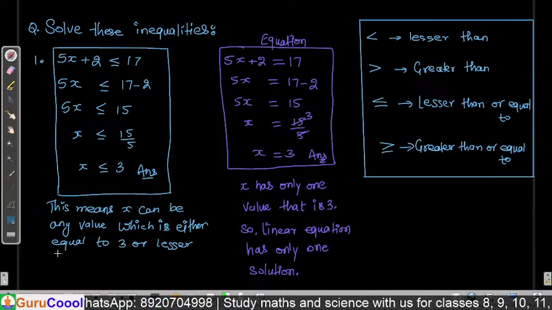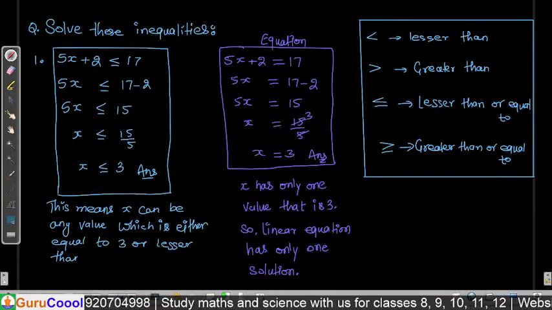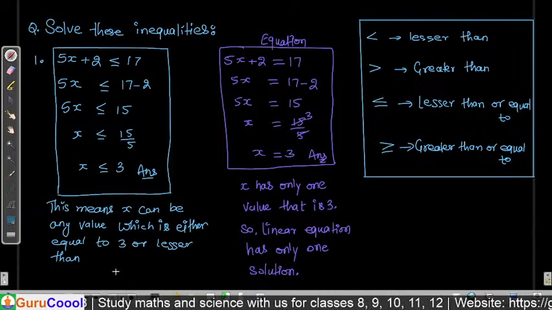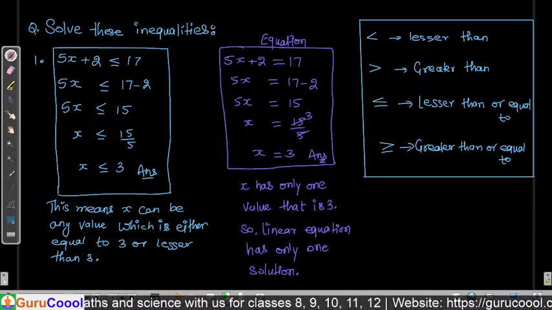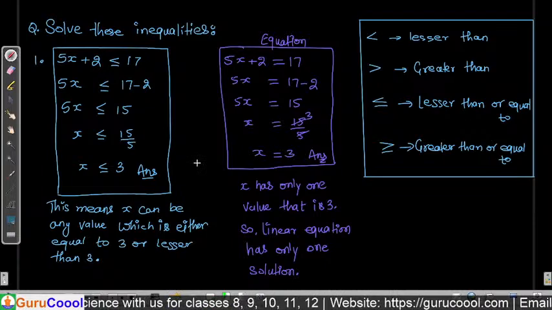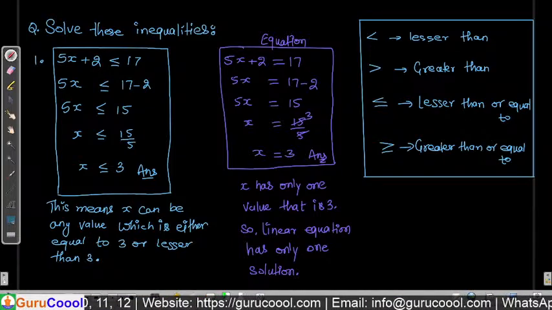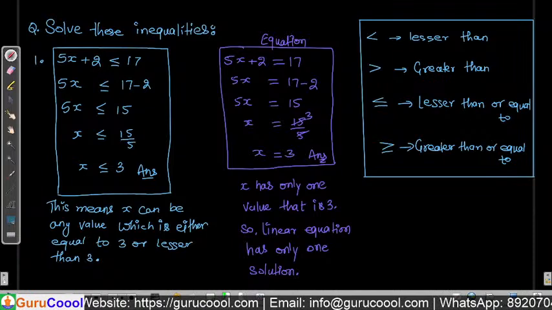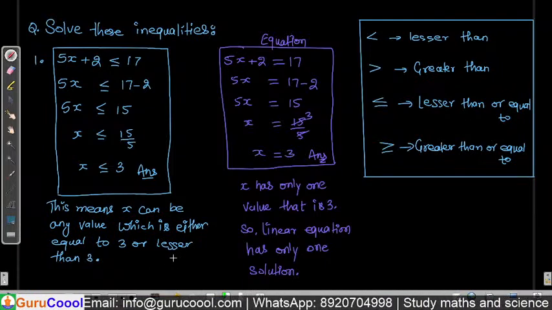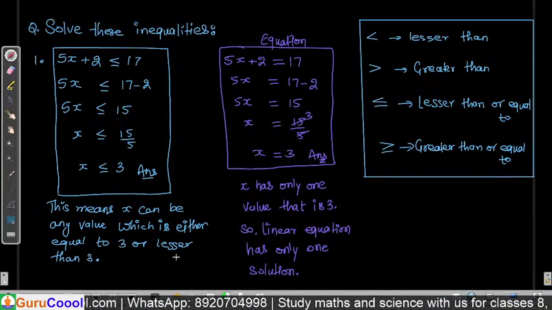So how many solutions are there? What is the meaning of lesser than 3?